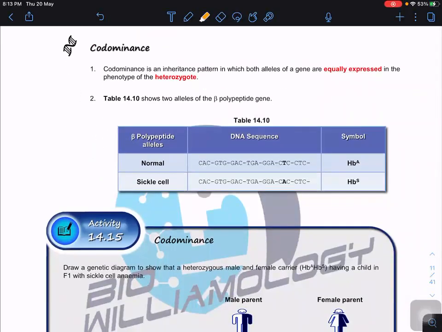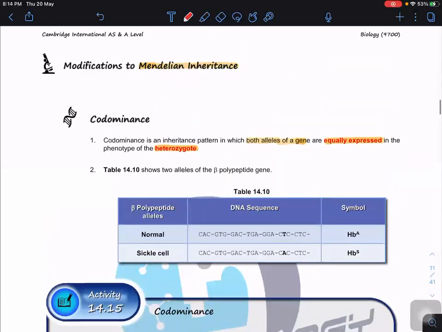In terms of codominance, it basically means a special type of heterozygous, because neither allele is totally dominant over the other. Therefore, both alleles of the gene are equally expressed. For example, like we have learned, the yellow allele is dominant over the green allele.